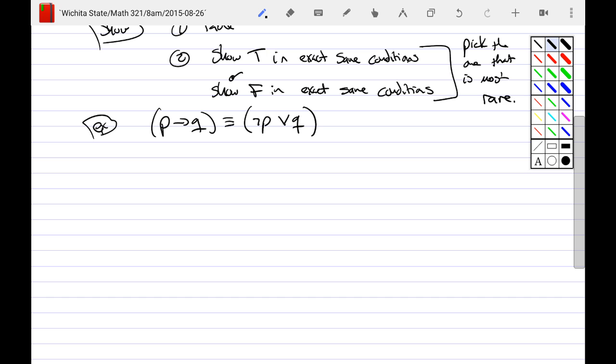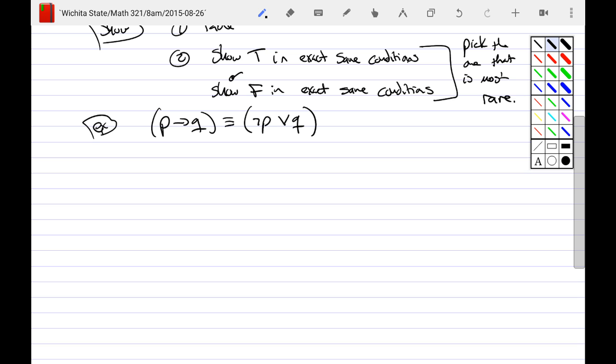An argument would look at implication and ask what's the most rare event? False, because true implies true is true, true implies false is false, and false implies anything is true. So false implies true is true, and false implies false is true. False is the thing that doesn't occur the most often, and so that makes the most sense.